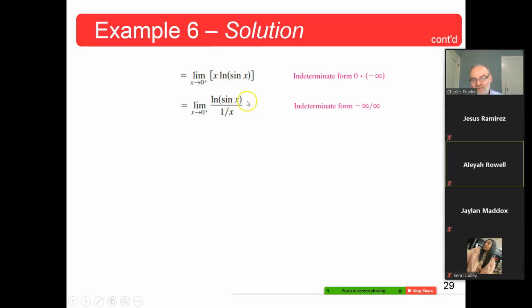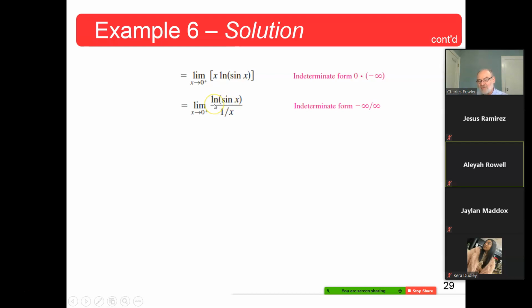Then as x is going to 0 from the right-hand side, you can't take the log of a negative number, and the sine of a negative number is negative, so you can't do that. So you have to be approaching this from the right-hand side. And this would be that positive infinity.